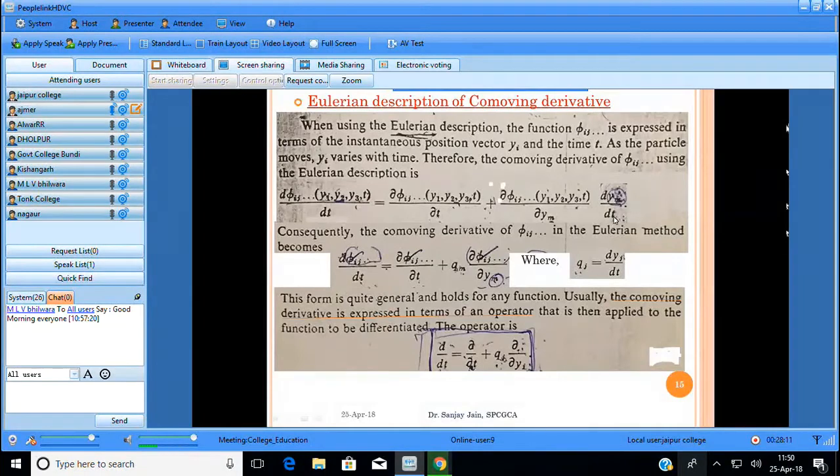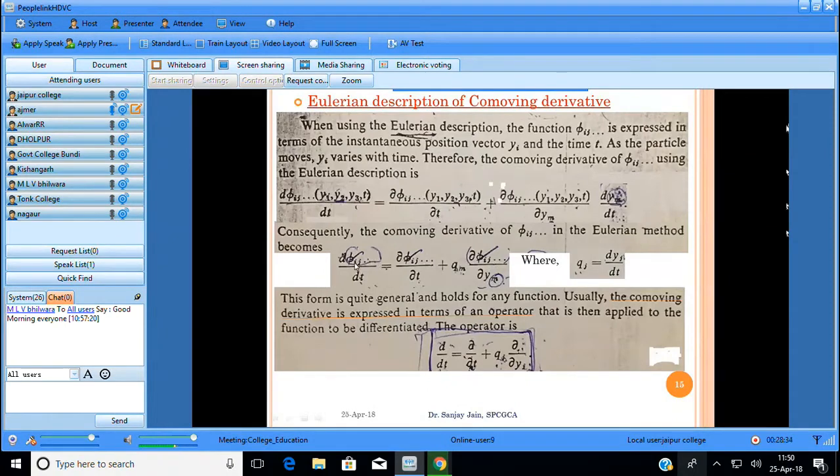Displacement. Displacement with respect to time denotes the velocity, and velocity in continuum mechanics is denoted by q. So it becomes qm, because we differentiate partially with respect to m. And the remaining function is del phi ij over del ym.